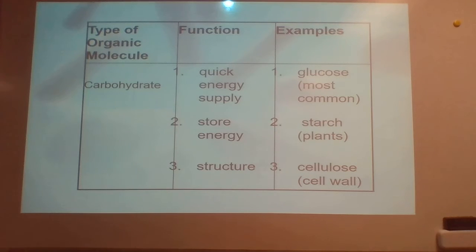So quick energy: for most, quick energy carbohydrates are going to be glucose. Plants store energy in starches, and then specific structures within the plant that are made of carbohydrates are going to be cellulose.